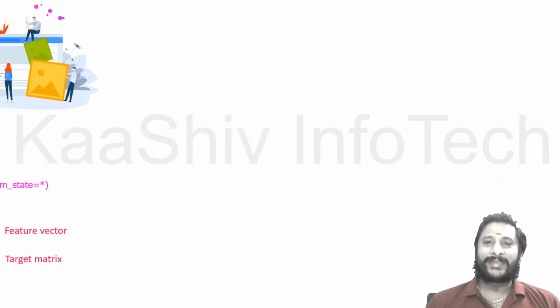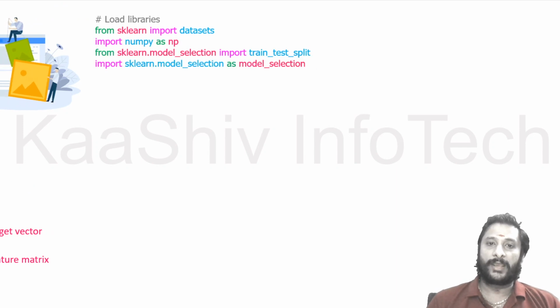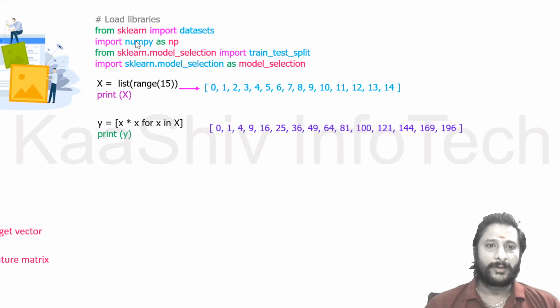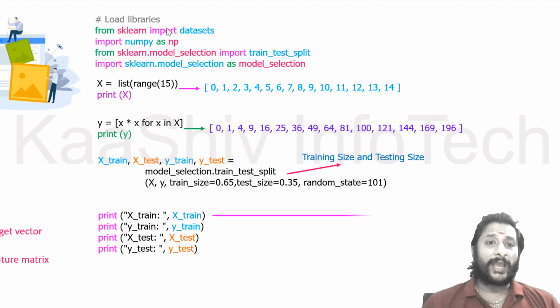Let's quickly go through a very simple example to show how the training and testing data sets will be. This is very important in the model selection area. I don't want the NumPy library or the model selection import on top for this particular program.